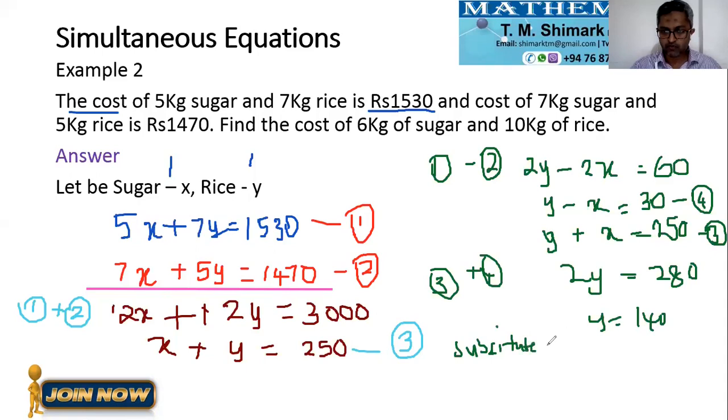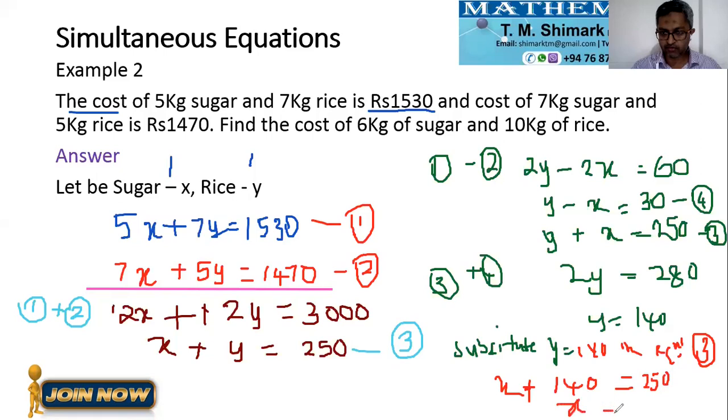Substitute y equals 140 in equation number 3, right? So you take that y, put it in equation number 3, so x plus 140, I'm putting 140 for this y, equals 250. So x I found is going to be 110, right?